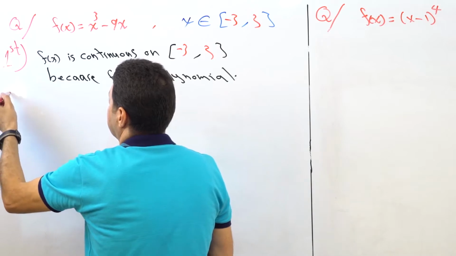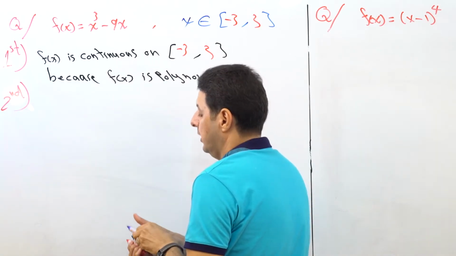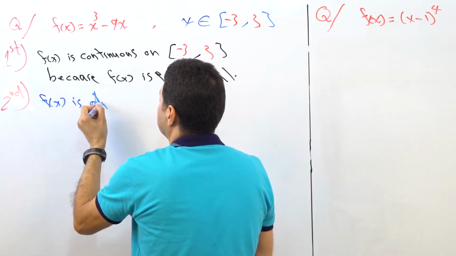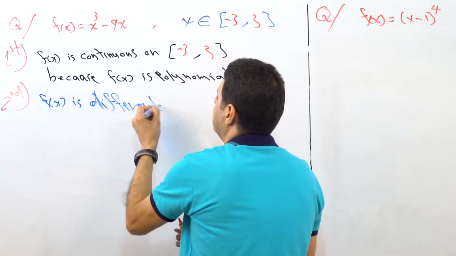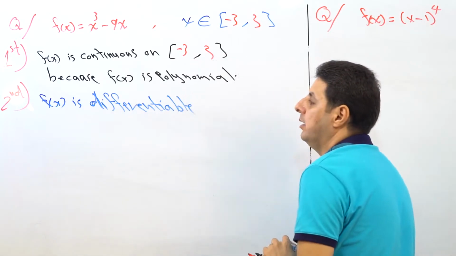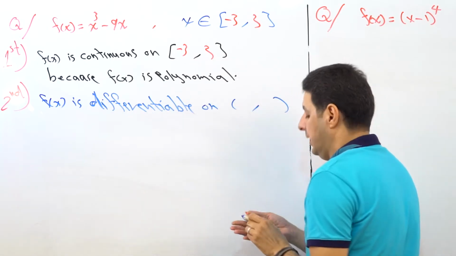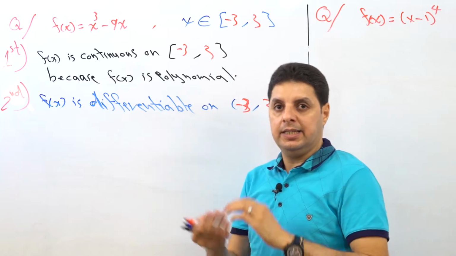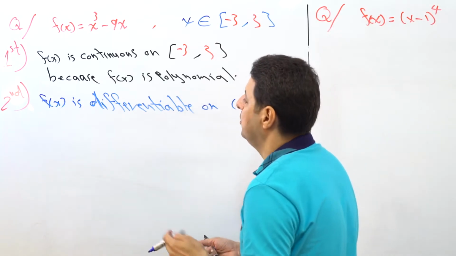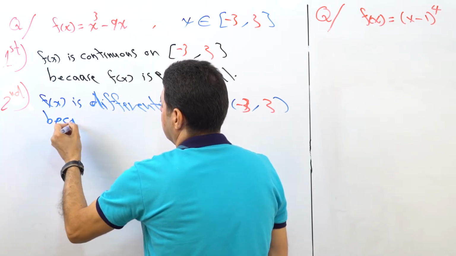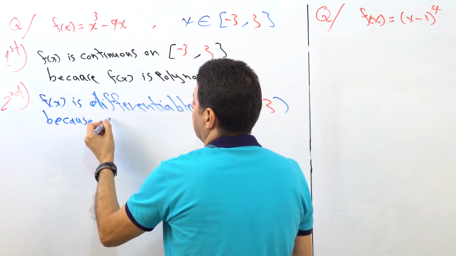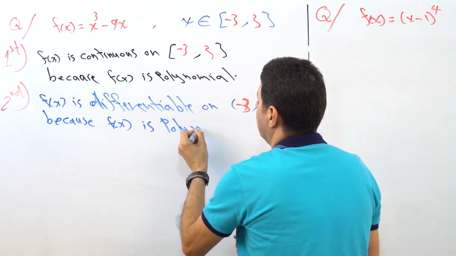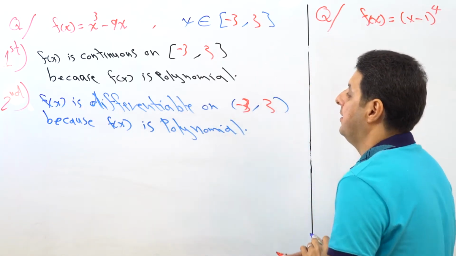الشرط الآخر second condition f of X is differentiable. الدالة قابلة للاشتقاق على الفترة المفتوحة open interval negative 3, 3 وذلك لأنها also polynomial كثيرة الحدود because f of X is polynomial لأنها كثيرة الحدود.